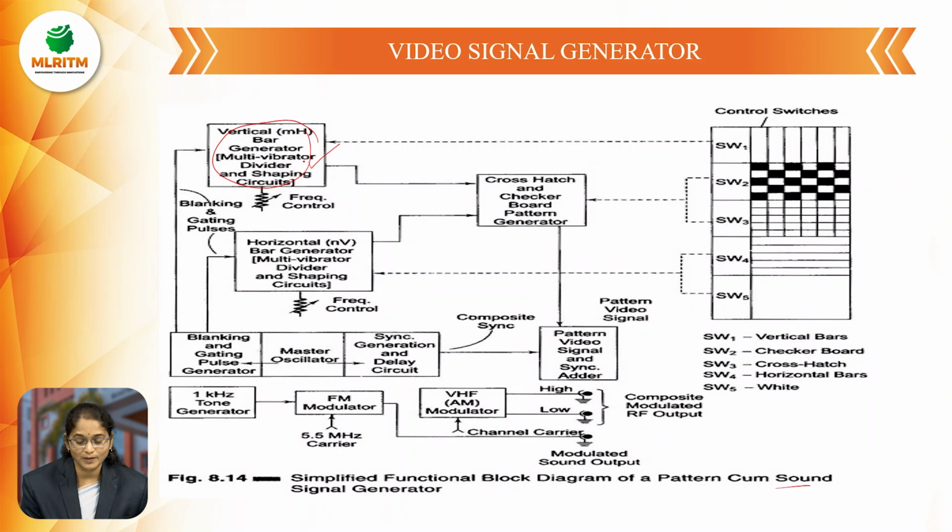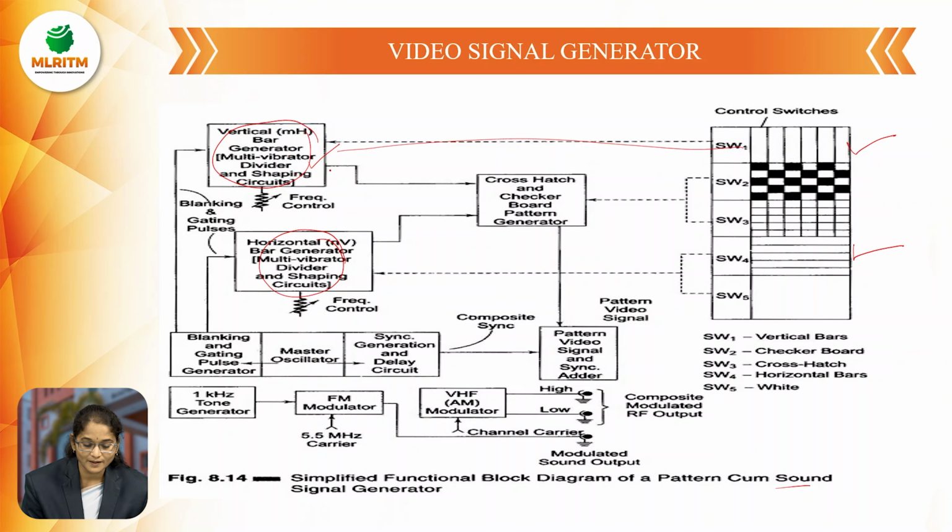With the help of these, we are going to generate the vertical bars. And here the horizontal bar generator, multivibrator, divider and shaping circuit. With the help of this, we are going to generate the horizontal bars.